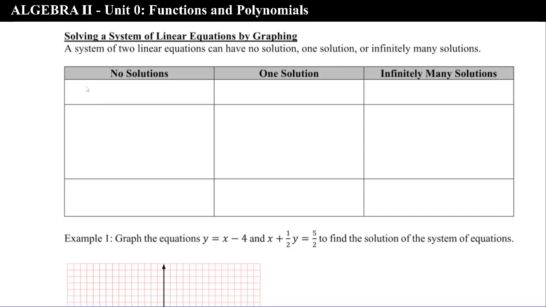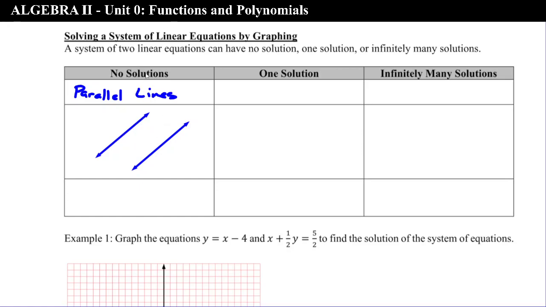In the case where you have no solutions, you would have parallel lines. Parallel lines mean that they will never cross. So your lines would look very much like this: two lines that are never going to cross.